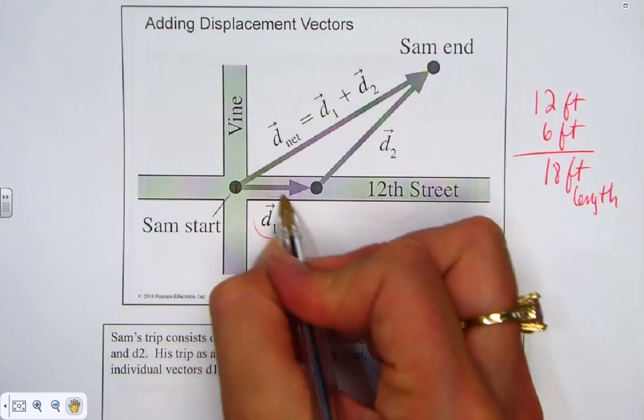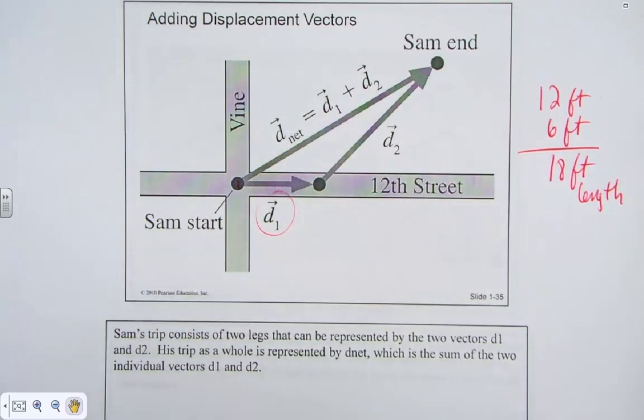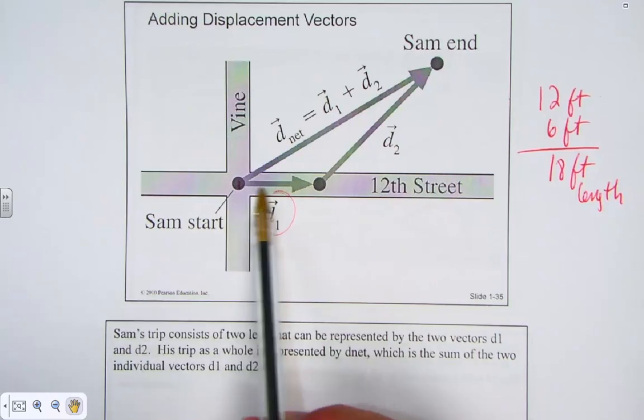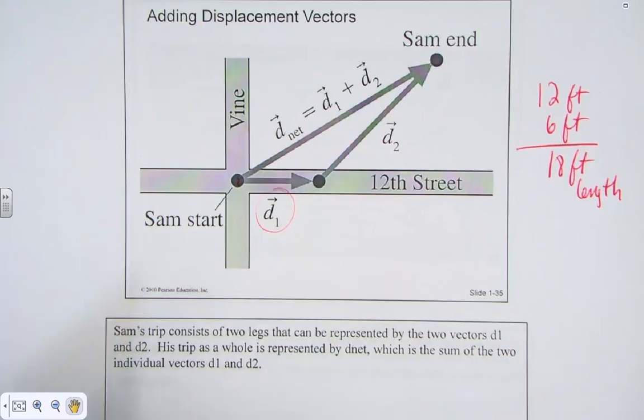Notice here, we're now getting familiar with the vector quantity D1 representing distance, but now giving us direction. He is heading east of the point of origin, and I clearly see the little arrow above the symbol representing that it is a vector quantity. He traveled a specific distance called D1.